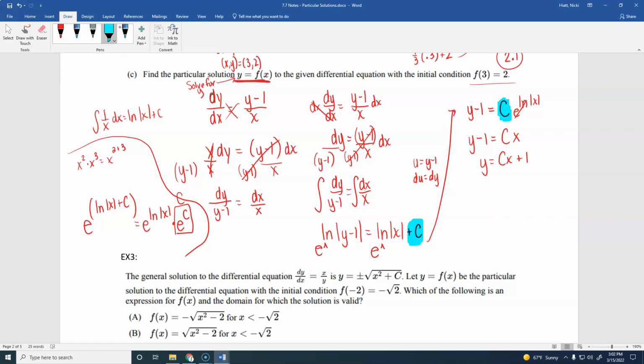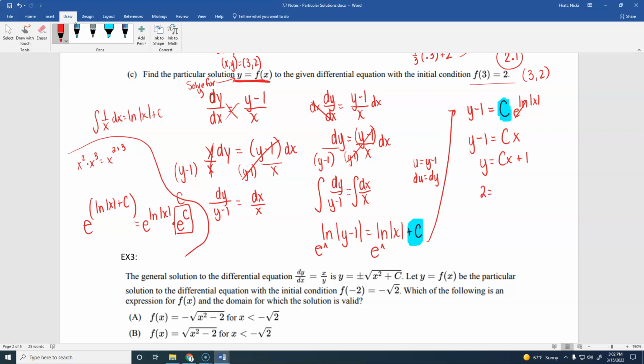Yes. If you wanted to solve for your C, you could do it that way. So they give you f of 3 equals 2. You could just plug those in, or like Eli has done, you solved it for C and then just plug that in so you found your C. You could do it like this as well.